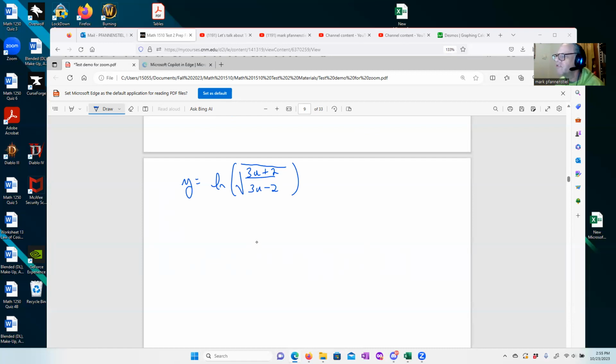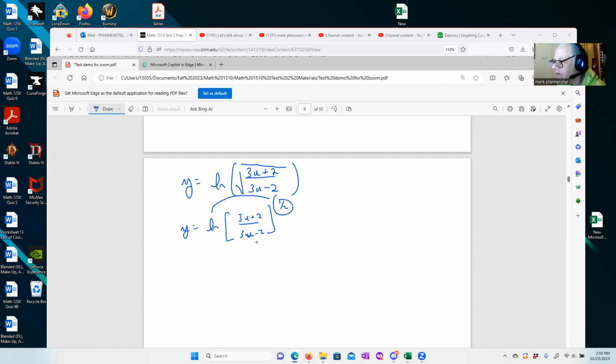Again, we're going to use some rules of logarithms. This square root is really to the 1/2 power. So this is going to be y equals ln of 3u plus 2 over 3u minus 2, all raised to the 1/2 power.